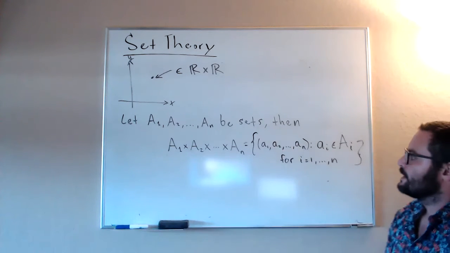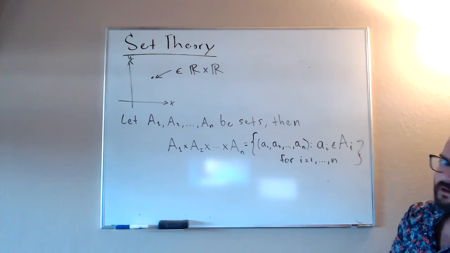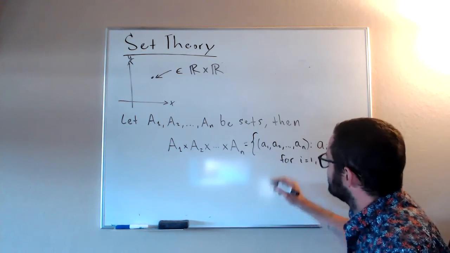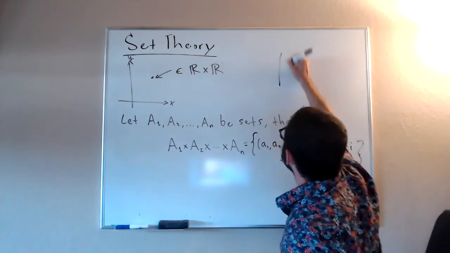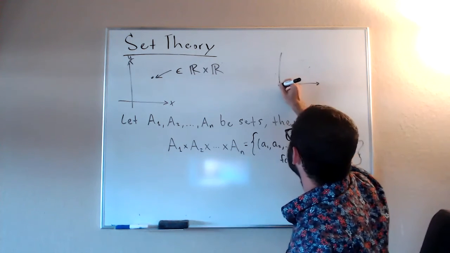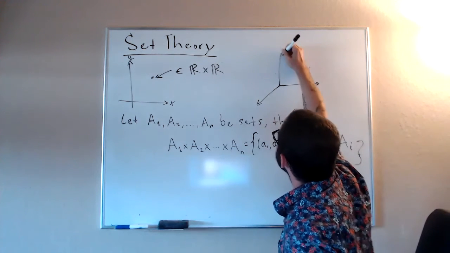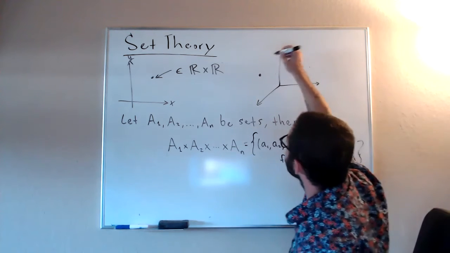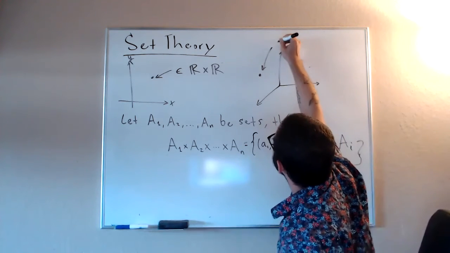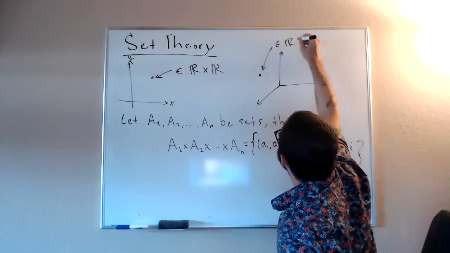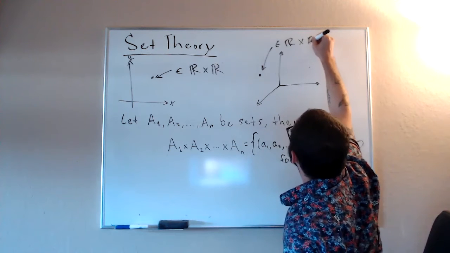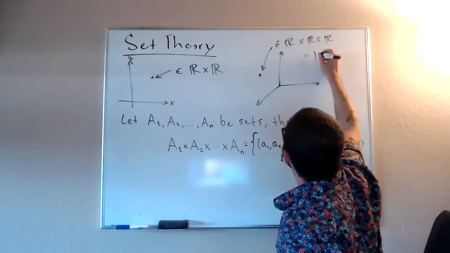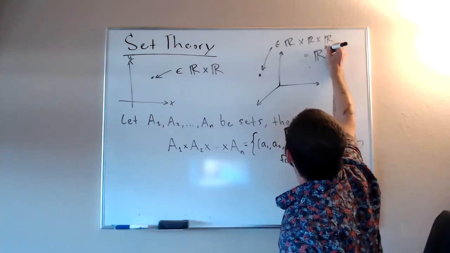If any of you have taken linear algebra, you're probably familiar with this. We look at three-dimensional space. Any point in three-dimensional space will be an element of R times R times R, which another way of writing that is R^3.